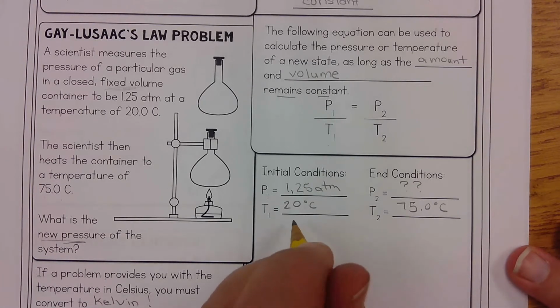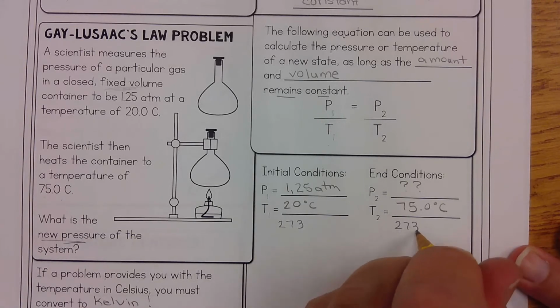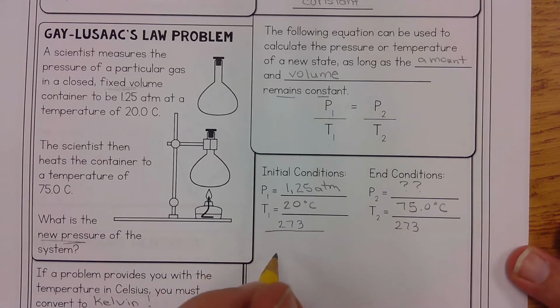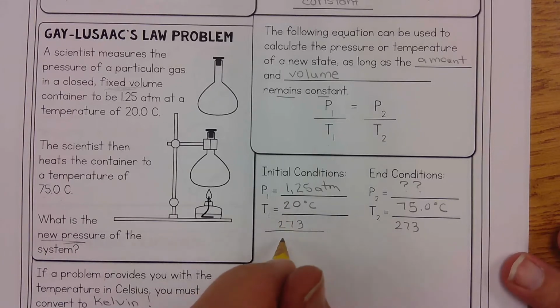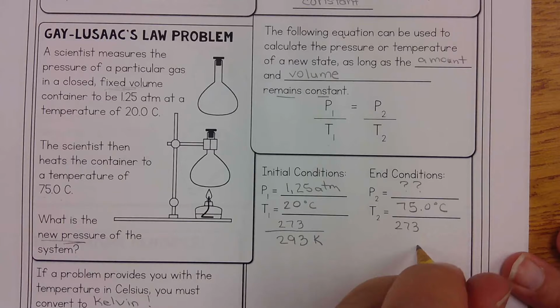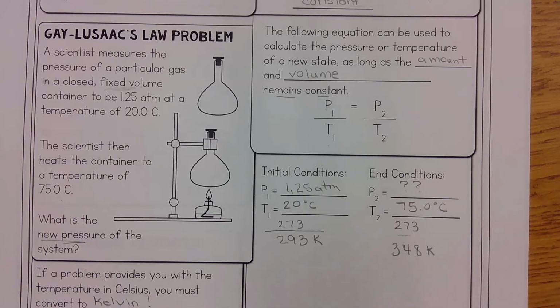First thing we need to do, add 273 to both of these. So we get our proper temperature, which is 293 Kelvin. This one is 348 Kelvin.